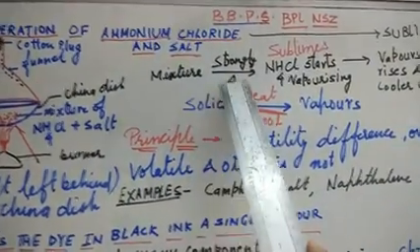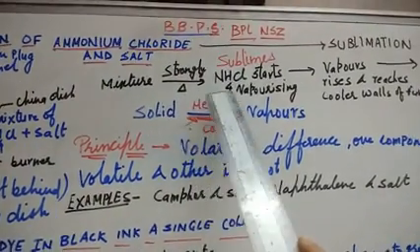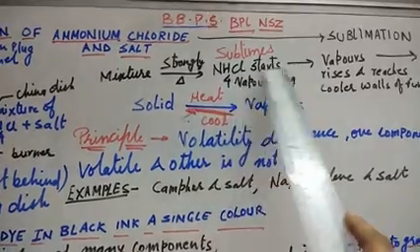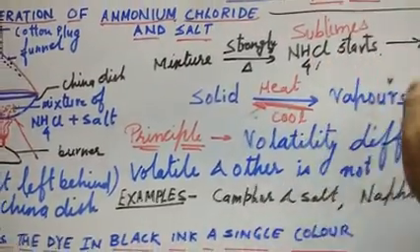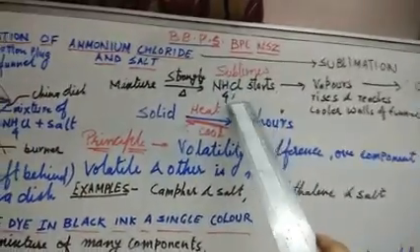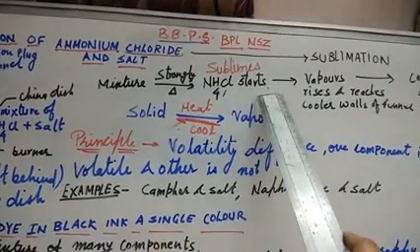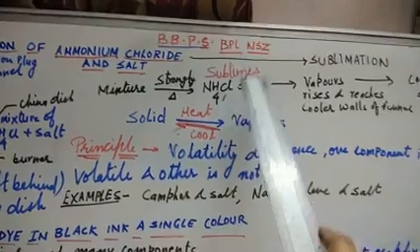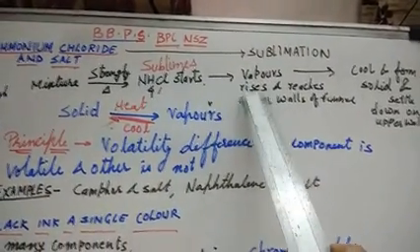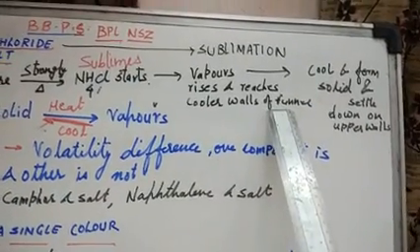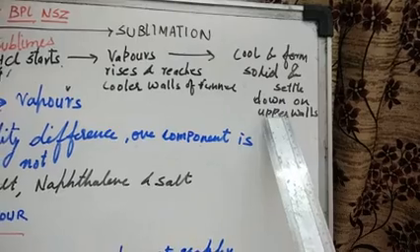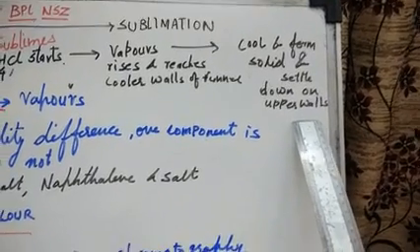Okay students, here I have written that the mixture is heated strongly. It shows sublimation, it sublimes, NH4Cl starts converting into gaseous form. It sublimes and forms vapors which rise up and reach the cooler walls of the funnel, and when cooled down form solid and settle on the upper walls of the funnel.